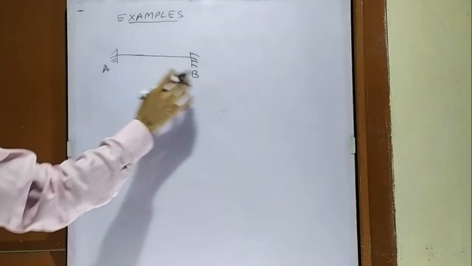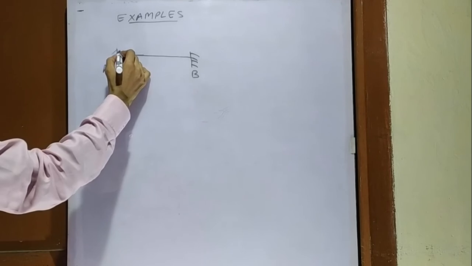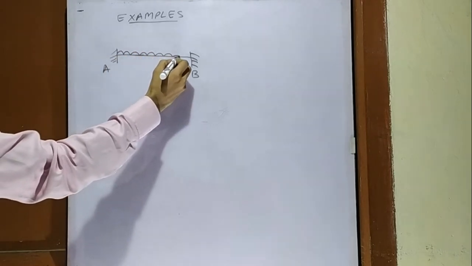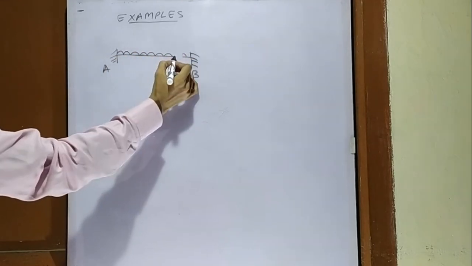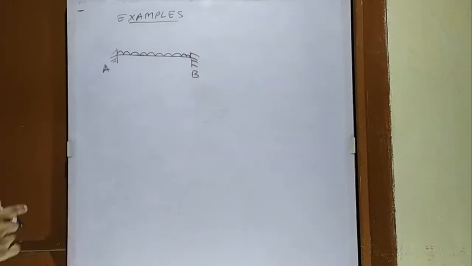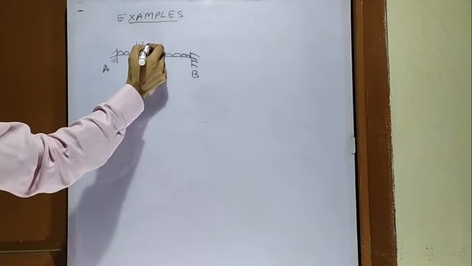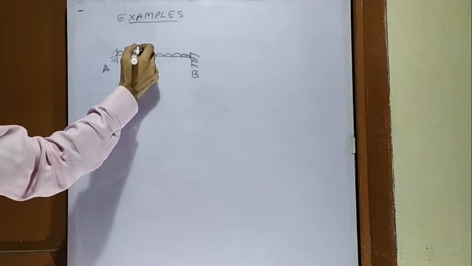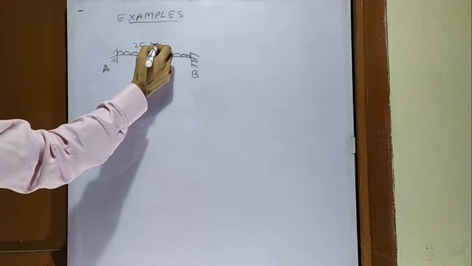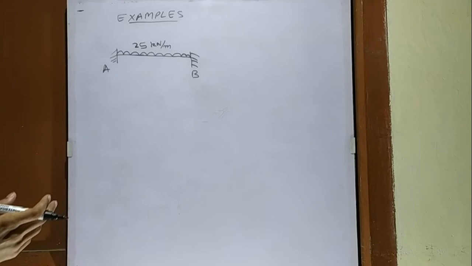This is support A and this is support B. Now if we apply a uniformly distributed load on this beam, what will be the deflected shape of this beam? Let's say this load is w or 25 kilonewton per meter, just a random value.